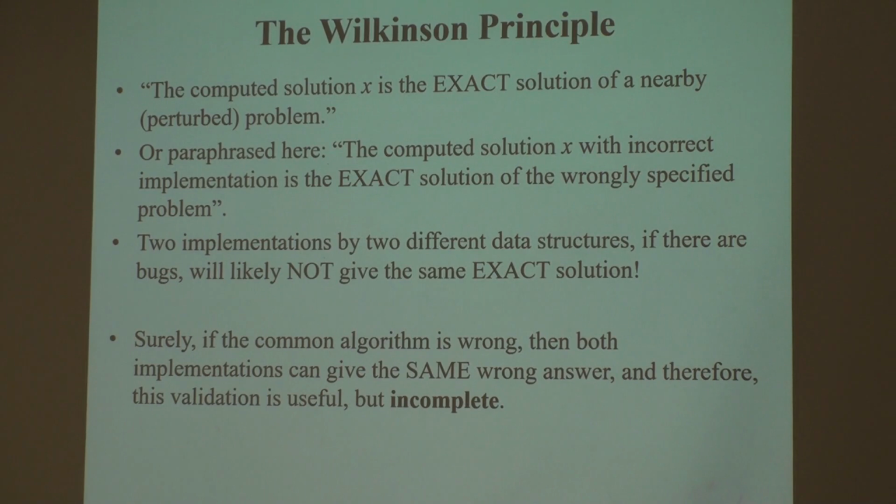It's a random error. If you do another route of implementation, chances are it won't happen at the same place. So if the two implementations give exactly the same answer, then from this principle, the probability that both implementations are right is very high. You have checked something.